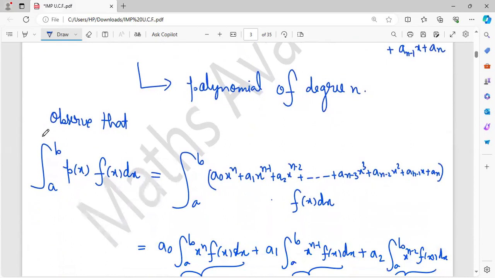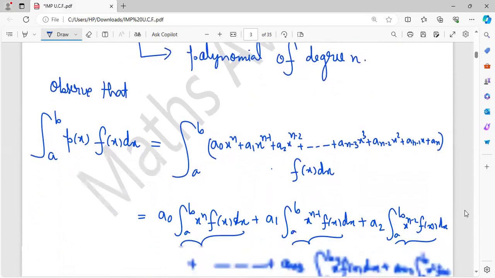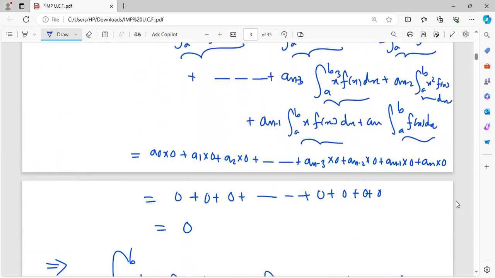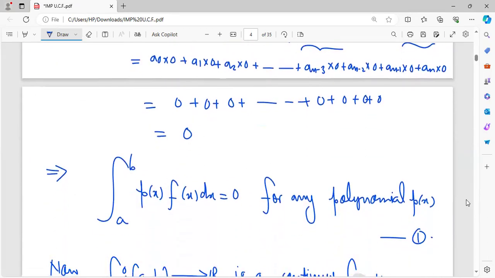So you open the integration, because integration is a linear operator. By that property we have opened this. But this integration is 0, this is also 0, all these integrations are 0. So putting in the value 0, we got 0. So what we got is that the integral from a to b of p(x) f(x) dx is equal to 0 for any polynomial p.